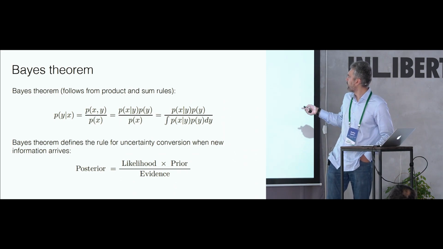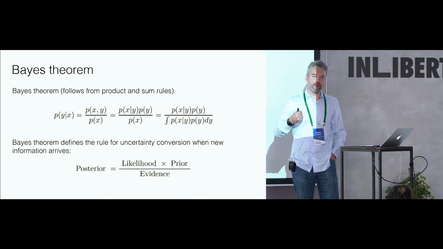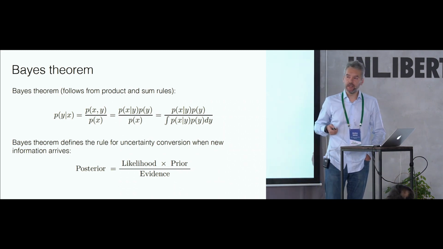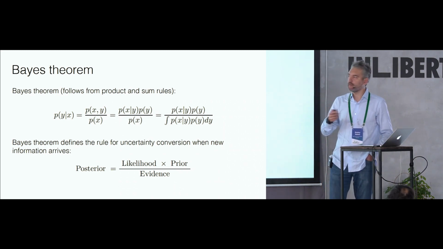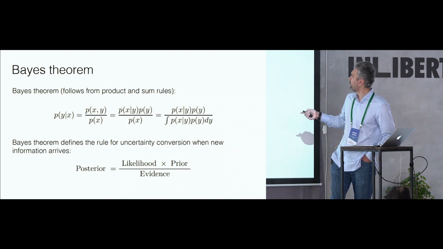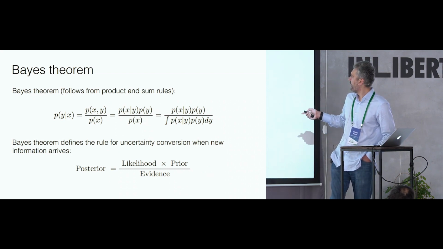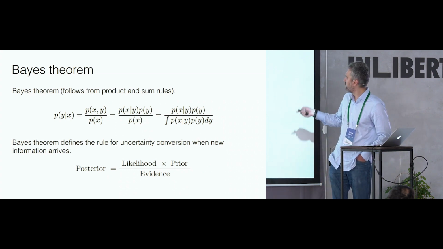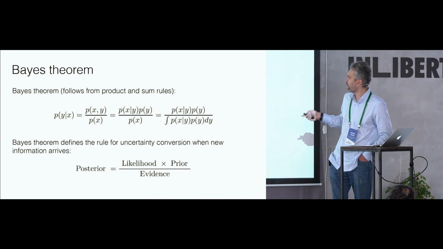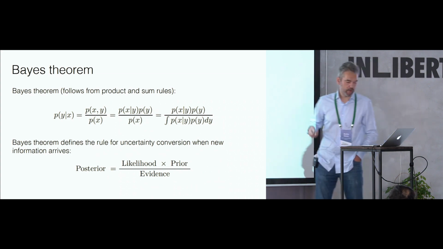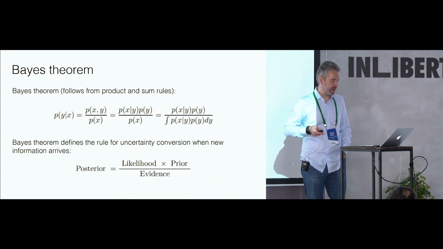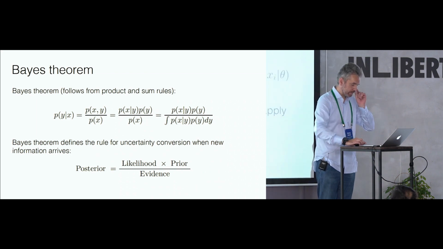We simply take our prior distribution, which encodes our uncertainty about possible values of y, and we multiply it by the likelihood function. The likelihood function shows how probable it is to observe what we observe, to observe x, if y had a specific value. So we take the product, and in order to ensure that this is a correct probability density function, we need to renormalize it by the normalization constant. Then the right-hand side expression is a correct probability density with respect to y. And this is exactly what we wanted. So this is Bayes theorem.